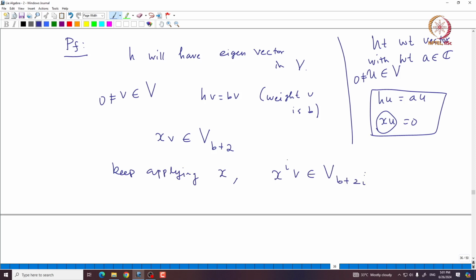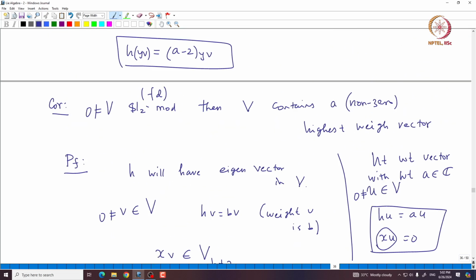Note that the b+2i are all distinct values in C. So, if X^i v is non-zero for all i, then that will give you eigenvectors for the distinct eigenvalues b+2i. Using that you can produce infinitely many linearly independent vectors inside capital V. That is not going to happen, because V is assumed to be finite dimensional.